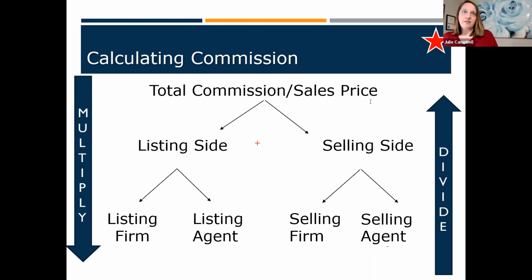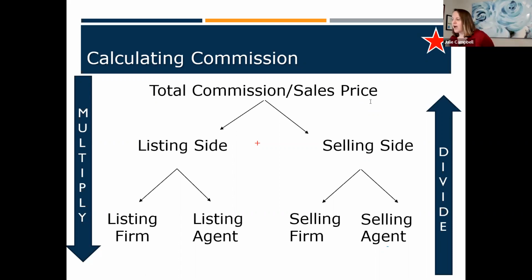The side that we're focusing on page 242 is Holmes Realty. Now that Holmes Realty has been paid, now that the firm has been paid, they are going to share their commission with the agent. It is the firm's commission that they're sharing with the agent. In this case, Agent Ted has a 55% commission split.